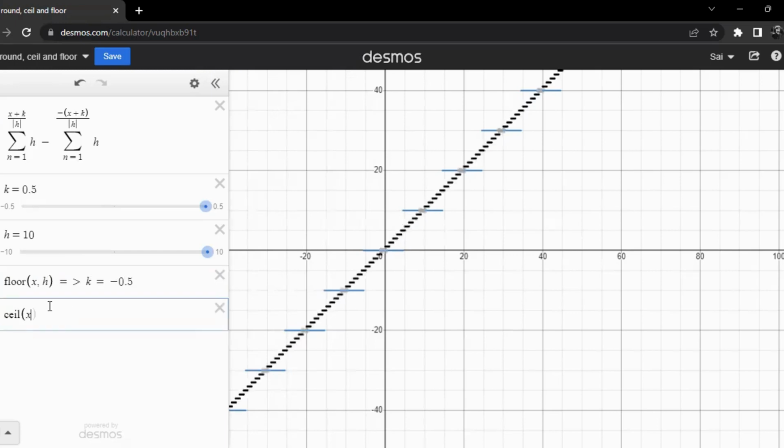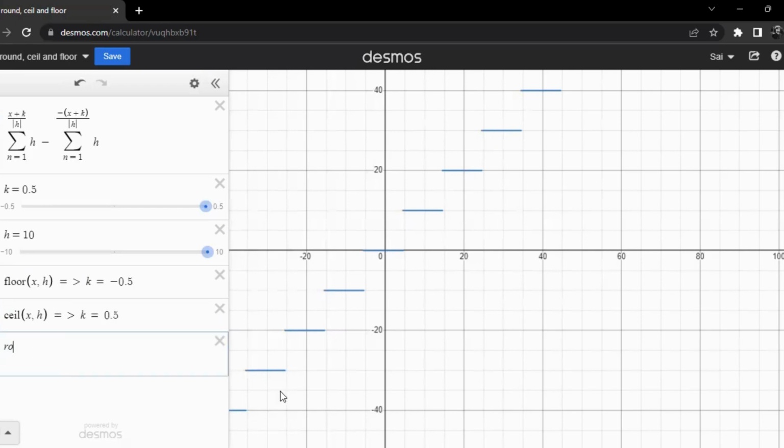For the ceiling function, again for the vanilla ceiling function, h is just going to be 1, k equals 0.5. And for the regular rounding function, if you wanted to round it to the nearest integer, h is going to be 1 again, and k equals 0.